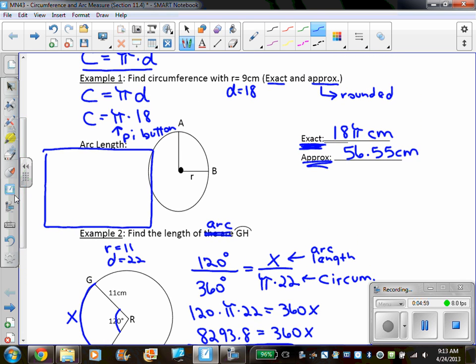And now, taking a step back, let's go up here and you actually create a formula. This should be a circle over here on the right-hand side, but the formula is that you want to find the measure of arc AB, which is the angle, or the degree, over 360 degrees, equals the length of arc AB over the circumference.